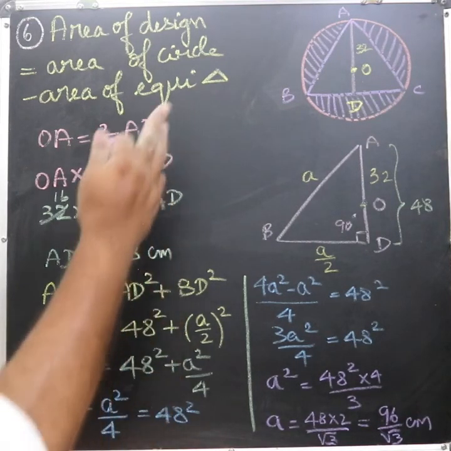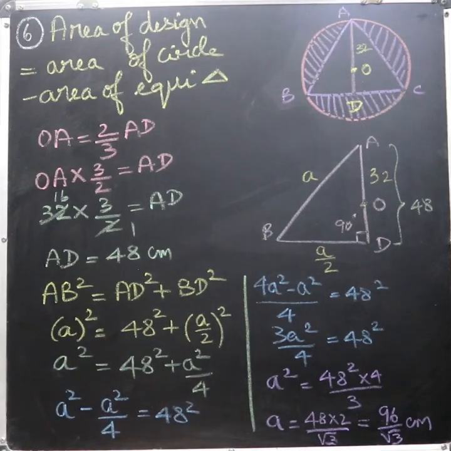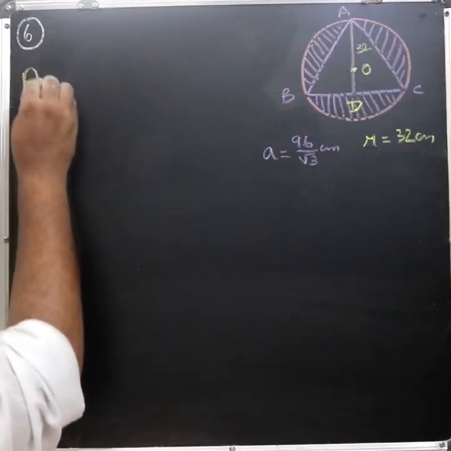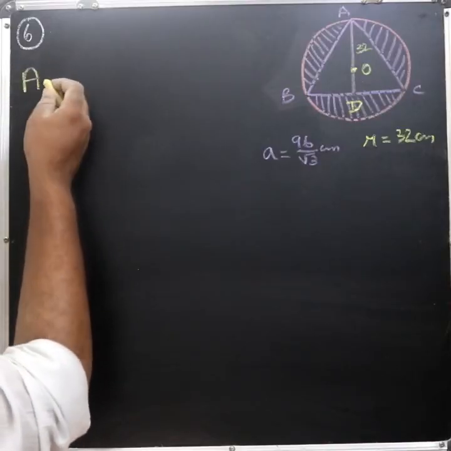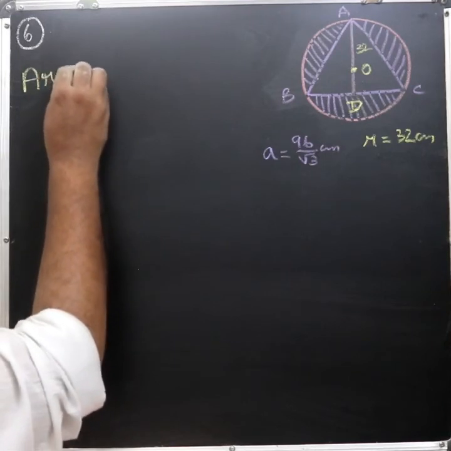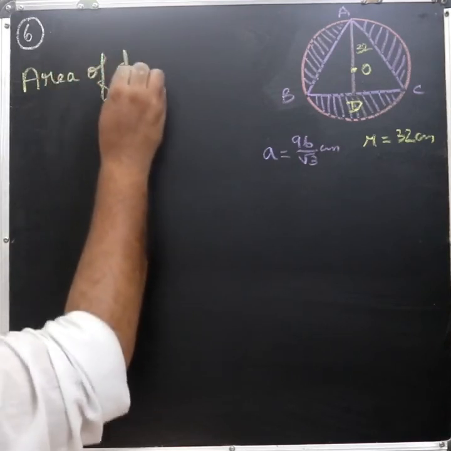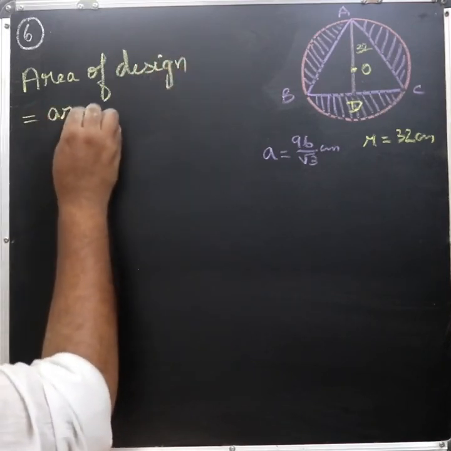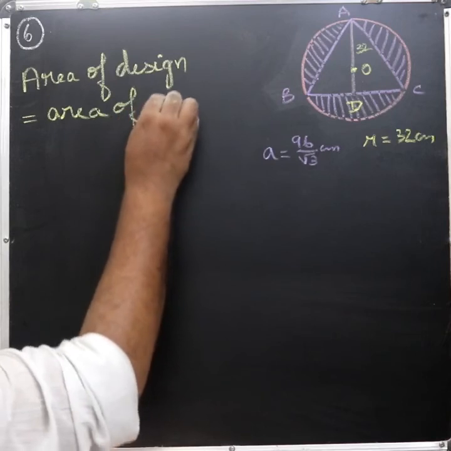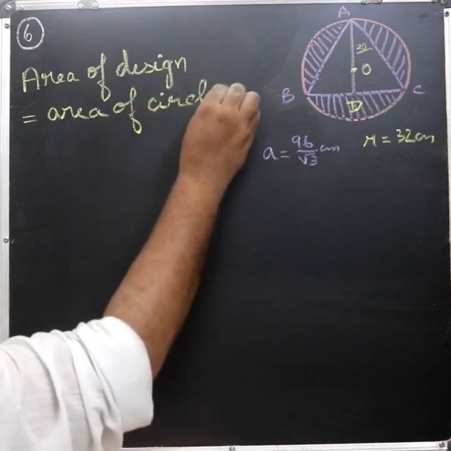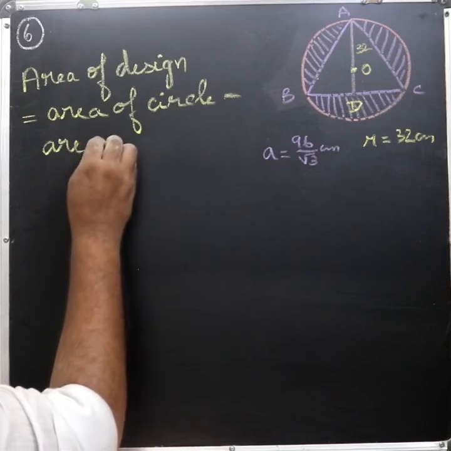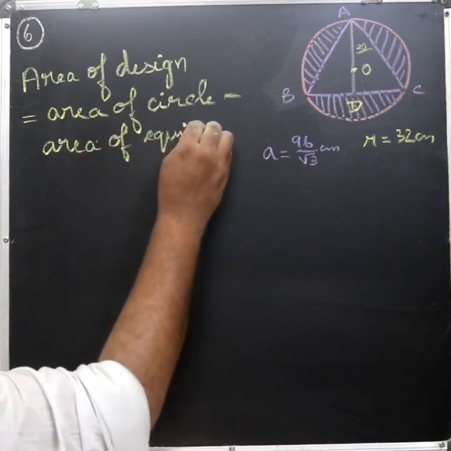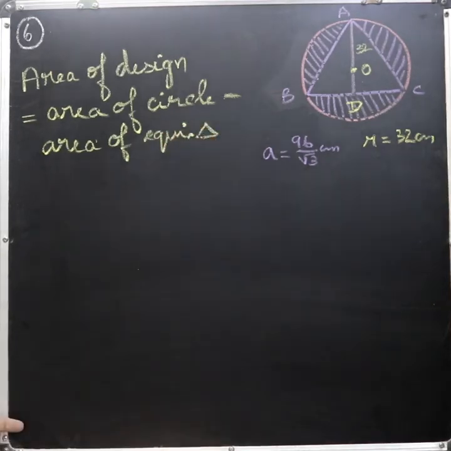Now we have both the radius and the side of the triangle. Using this we are going to find the area of the design. As we have discussed at the beginning of the problem, the area of the design is going to be equal to area of circle minus area of the equilateral triangle ABC.